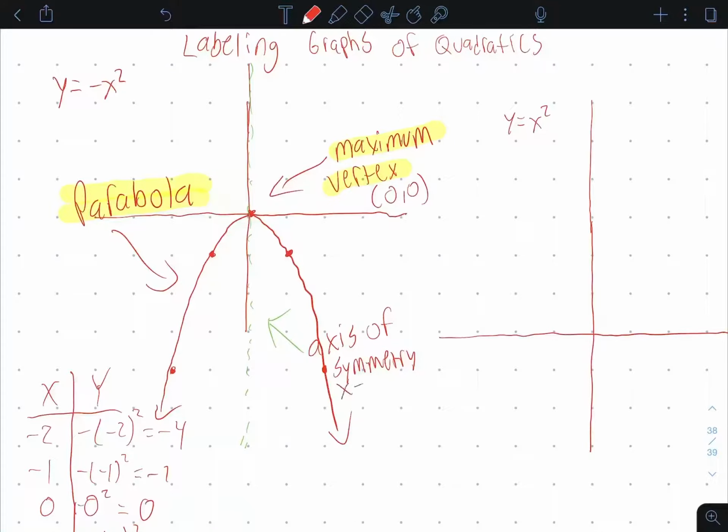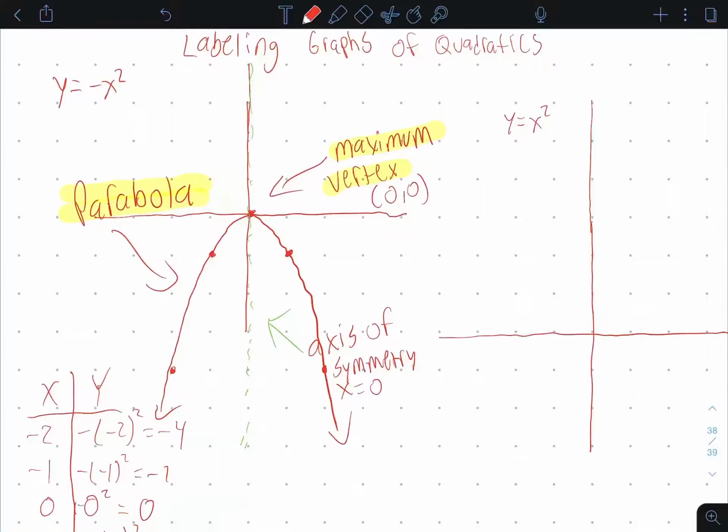And that's going through x equals 0. I don't know if I spelled symmetry right, but hopefully I did. So the key parts of a parabola are the vertex, the minimum or maximum, and the axis of symmetry.